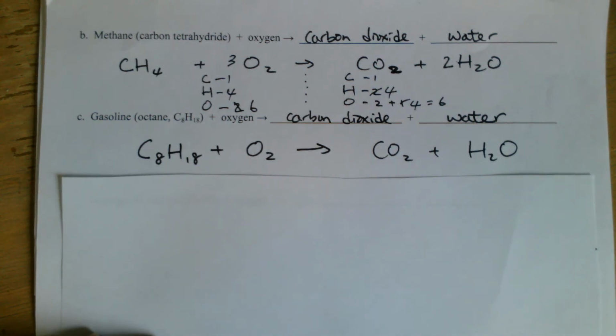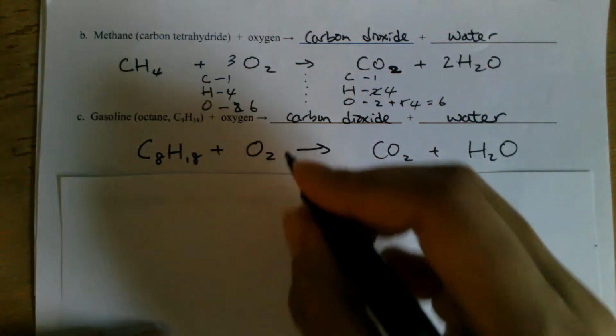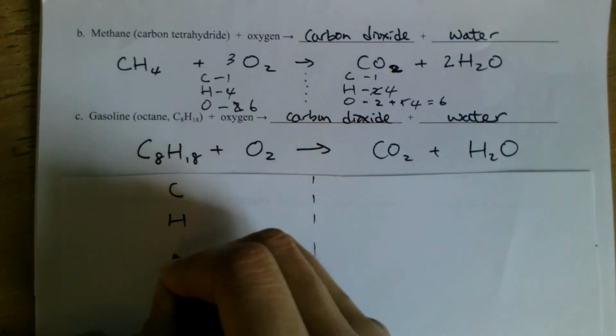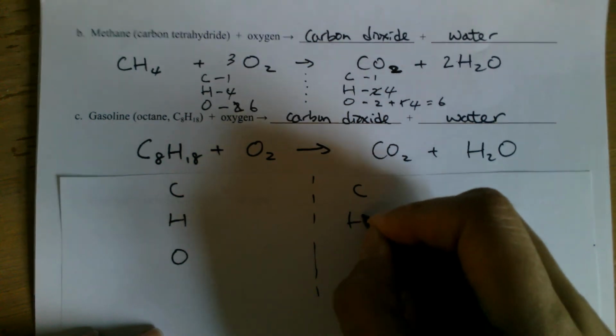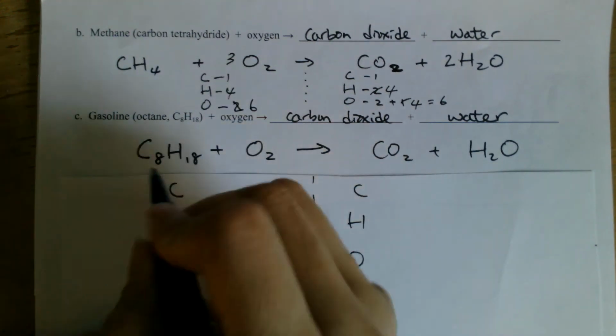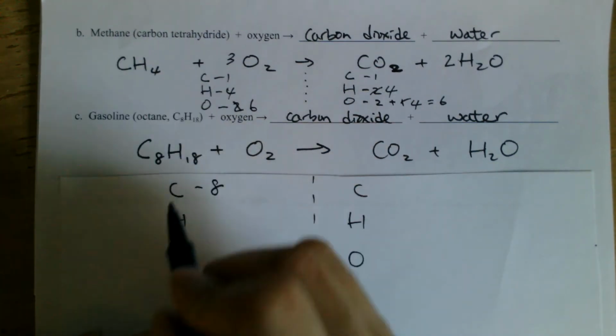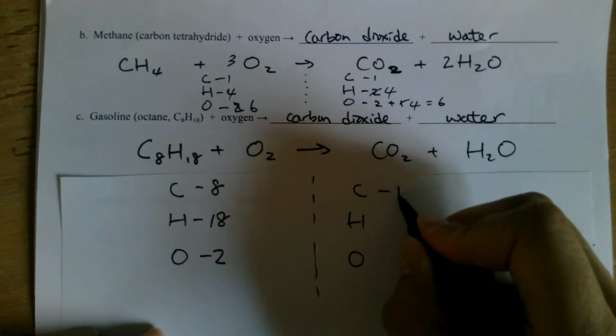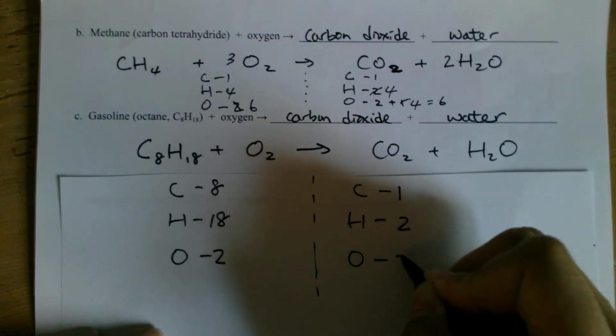So to balance this, let's get our number of carbon, hydrogen, and oxygen labeled. Carbon we have 8, hydrogen we have 18, oxygen 2 on the left, and 2 plus 1 on the right.